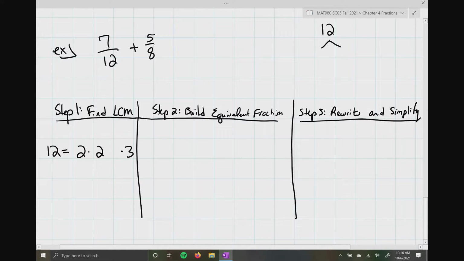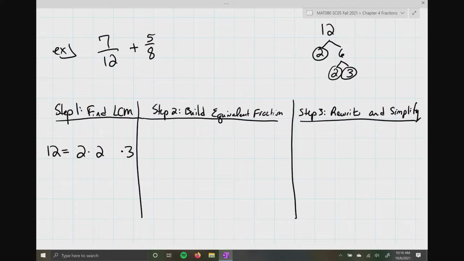I took 12 and I said, I want two numbers that multiply to get 12. How about 2 and 6? Now, 2 is prime, so I circle it. 6 is what we call a composite number, so it can be broken down further: 2 times 3, or as Asma said, 3 times 2. But the key here is we broke it down into prime numbers. So that is how I got 2 times 2 times 3.